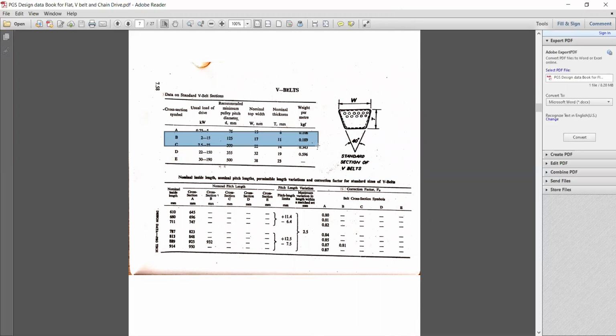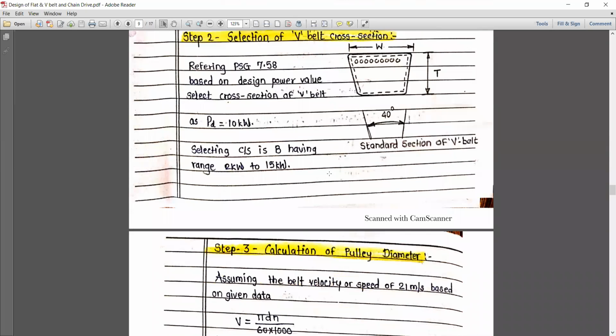The recommended pulley diameter is 125, width 17 mm, nominal thickness 11 mm, and weight per meter is 0.189. It is a standard section for a 40-degree V shape. So note down all the standard parameter values. So we have selected B section.